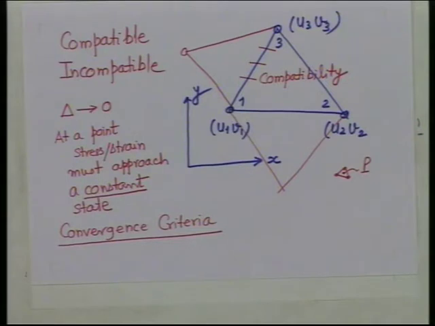This is one of the very important convergence criteria. Your solutions will always converge to the true solution. So, the CST element will always give you a good solution in the limit as you refine the mesh. So, the convergence criteria is satisfied. Okay, this is clear. So now we will go to the next.